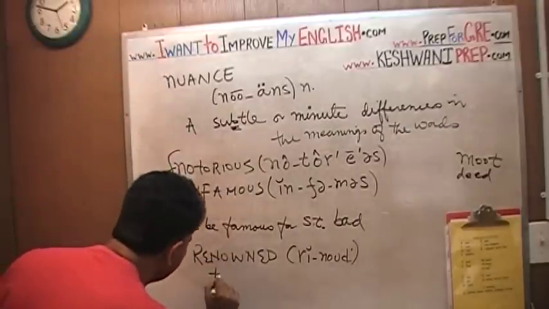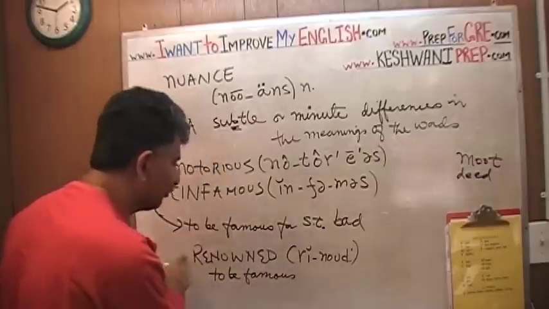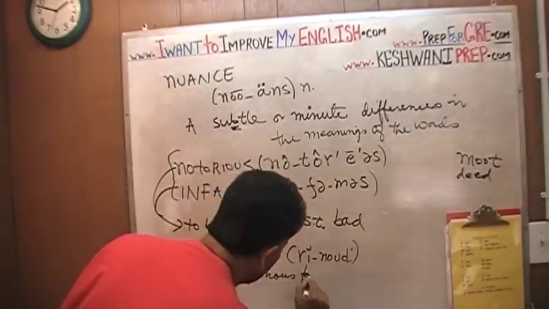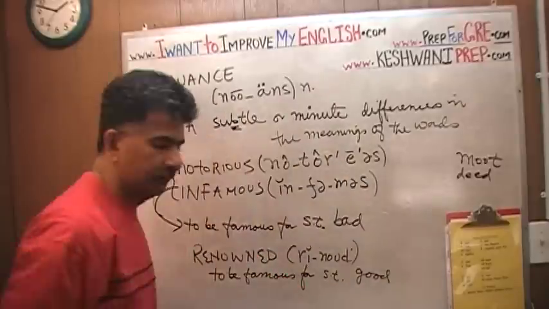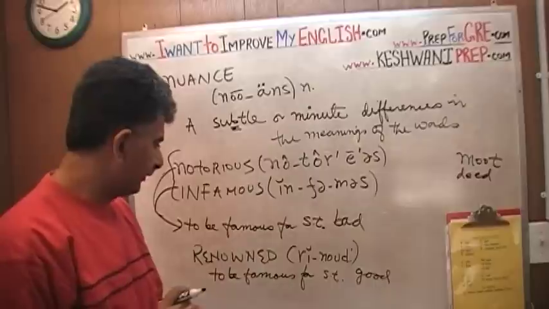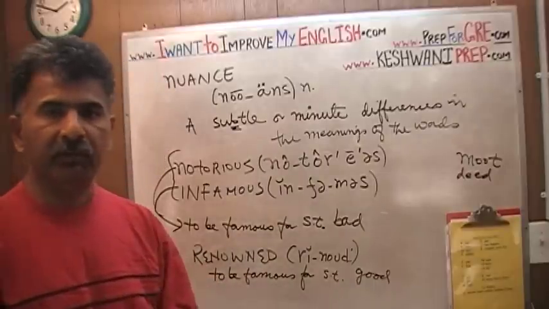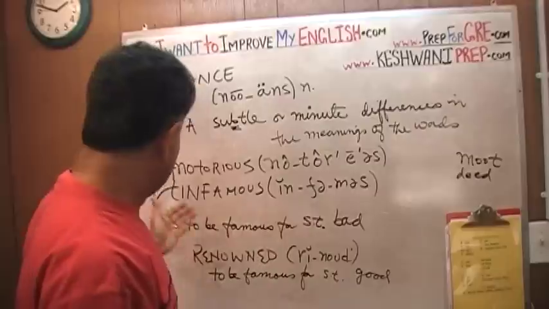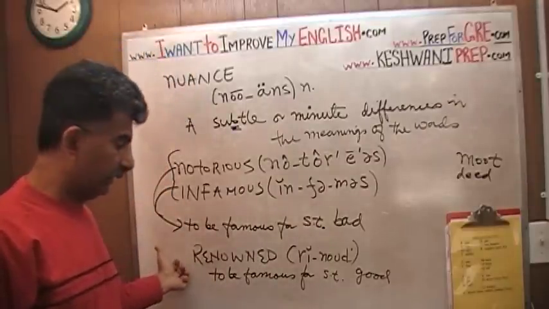Renowned also means to be famous. But it means to be famous for something good. Something good that you have done. That means to be renowned. Do you understand? And that is the difference between the two words here, between being infamous or notorious and being renowned for something.